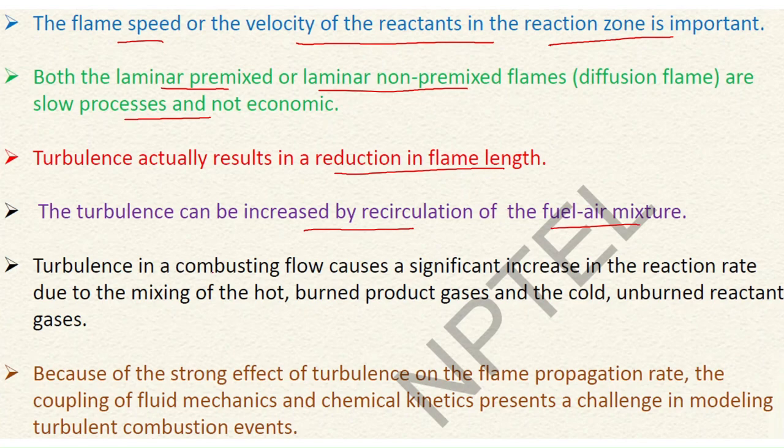Turbulence in a combusting fuel causes a significant increase in the reaction rate. Because of the turbulence, the reaction rate increases due to the mixing of the hot burnt product gases and the cold unburned reactant gases. If we recirculate the products, then turbulence is created, which in turn increases the reaction rate.